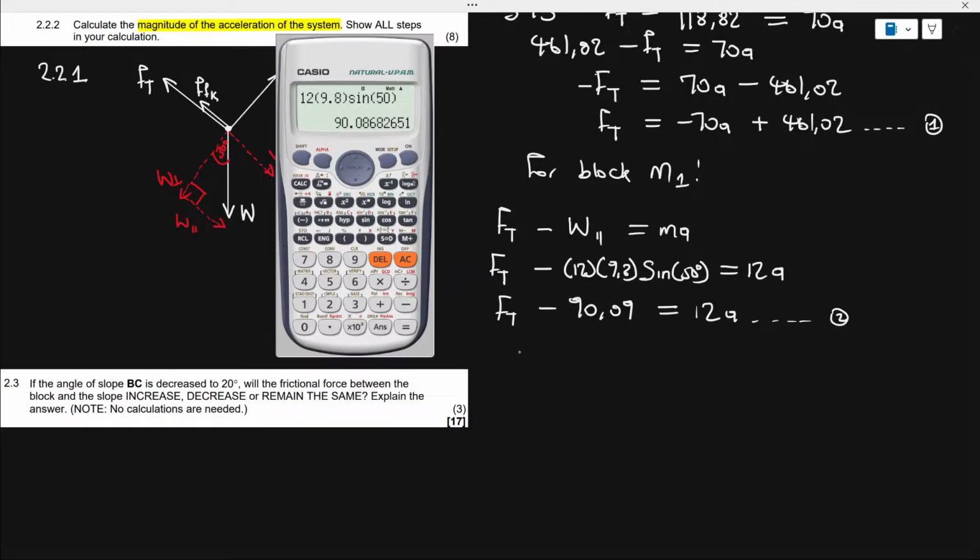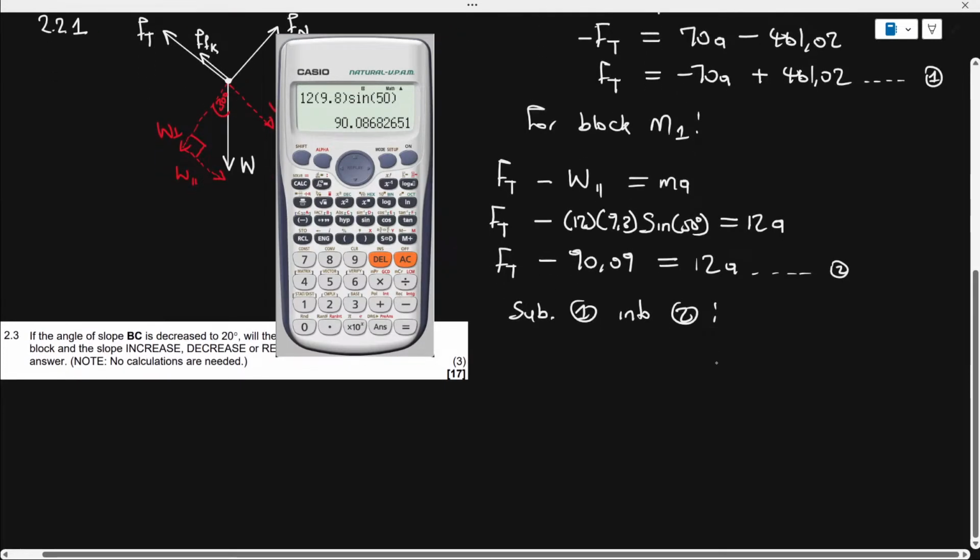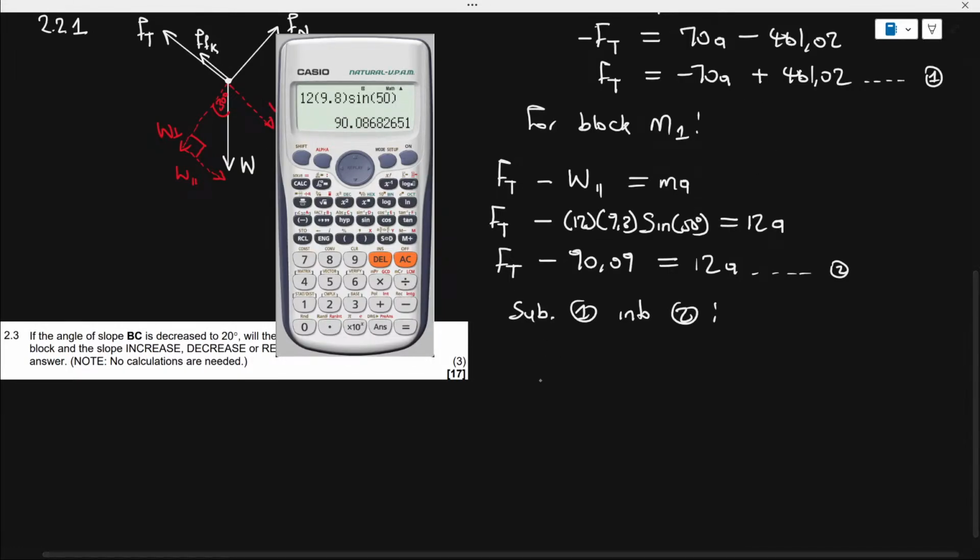Now, what we are going to do is substitute equation number 1 into equation number 2. And we can see what equation number 1 is. So in place of Ft, we are now going to write negative 70a plus 461.02. So that is our Ft.